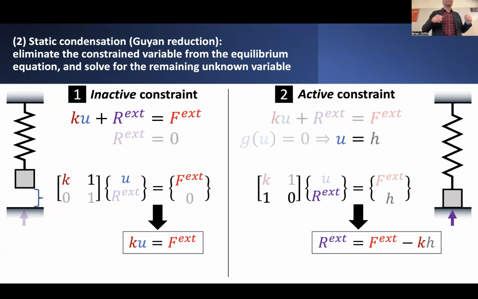And then everybody's happy. A lot less work, or at least slightly less work than in the case of this 2x2 system. And conversely, if we said, well, U equals h, plug that into this expression, I can rearrange things and figure out the resulting external reaction force just by subtracting over the K times U, which is now K times h, moving it to the right-hand side, and now I have my direct expression for the external reaction force from that contact constraint.